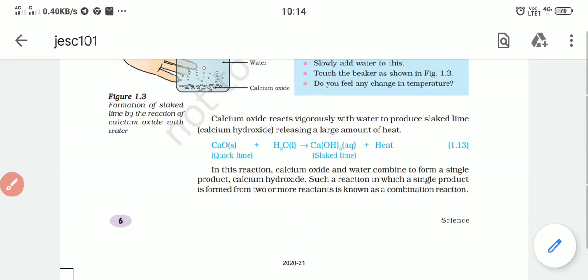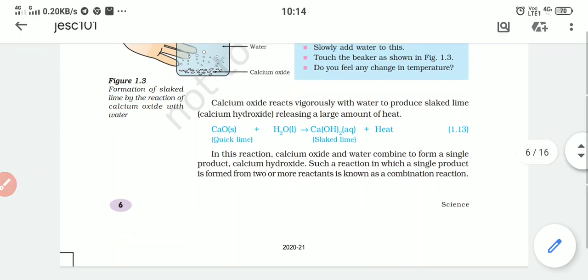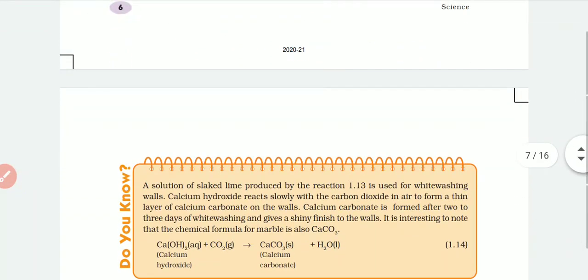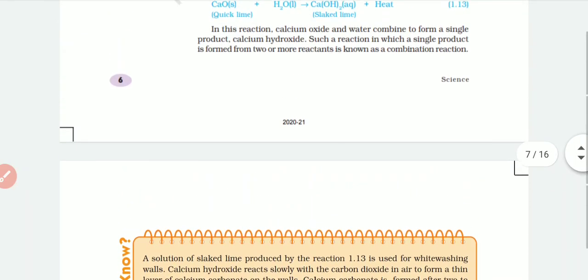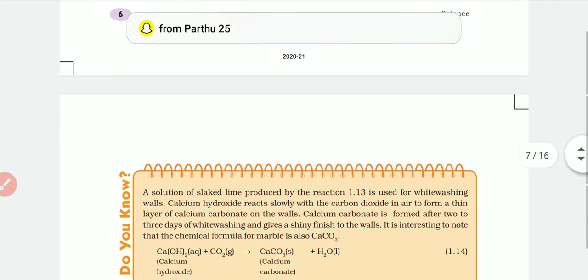CaO plus H2O gives Ca(OH)2 plus heat. This reaction is used for whitewashing walls. We know when we build a new house we whitewash it with calcium hydroxide.